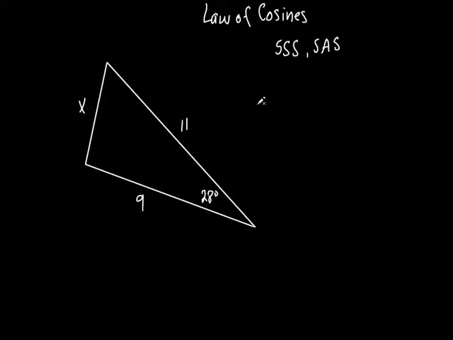So we're not going to go a squared plus b squared equals c squared. I'm going to reverse it. I'm going to go c squared equals a squared plus b squared. So you know that part already, right? But it doesn't stop there. You've got a little bit more. It's minus 2ab cosine of angle C. All right, so that right there is the new part. That's not really that much, right? Minus 2ab cosine C.